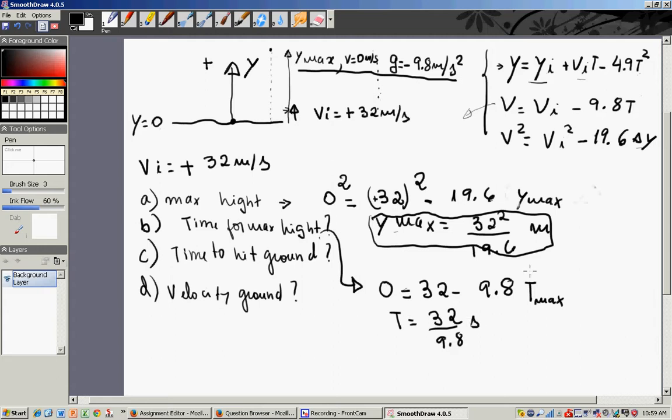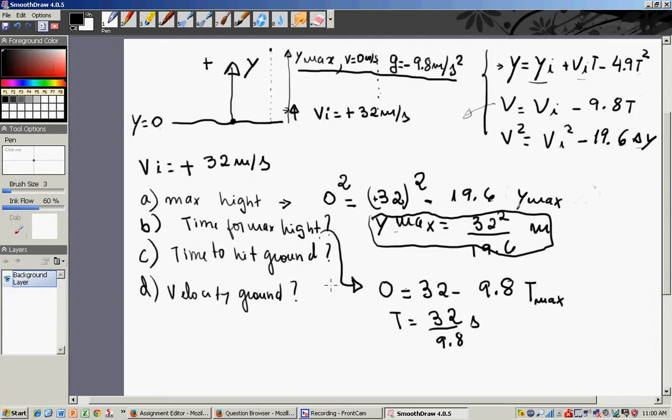So the t that we want to find is equal to 32 divided by 9.8 seconds. And then we calculate that part. Good enough?